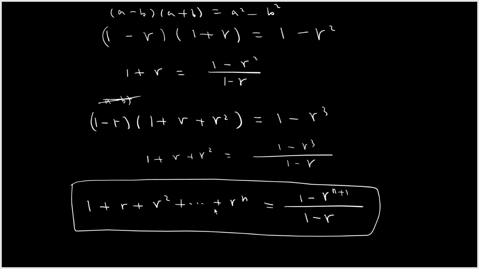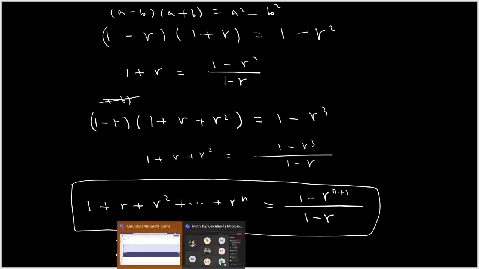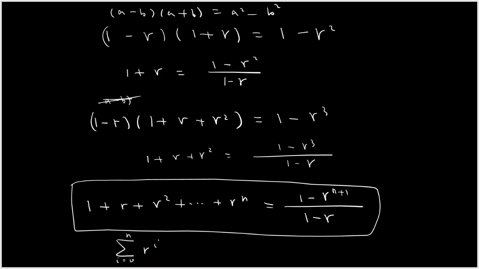I forgot to mention earlier. This formula I told you to memorize can also be represented using the summation notation. Common ratio is r to the power of I, and then if you let I run from 0 to n, again each value of I will determine a particular term.